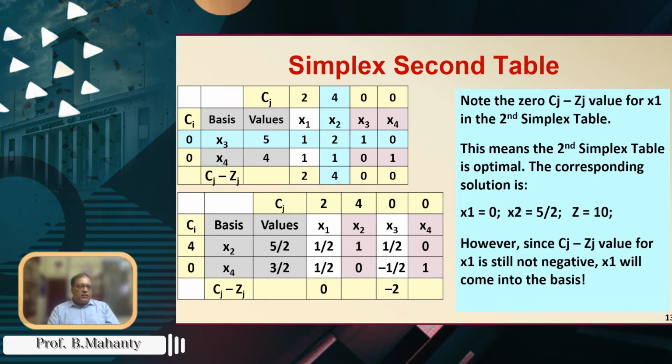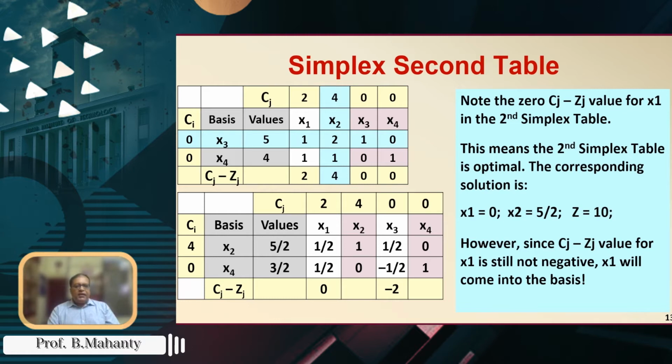Look here. This second table is optimal because it's a maximization problem and none of the Cj minus Zj values is positive. So definitely we can say this is an optimal solution, and that optimal solution is x1 equal to 0 because it is non-basic, and x2 equal to 5 by 2. So z equal to 10. This is the optimal solution as we have seen earlier in the graphical method.